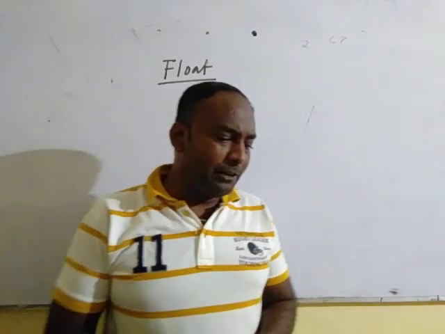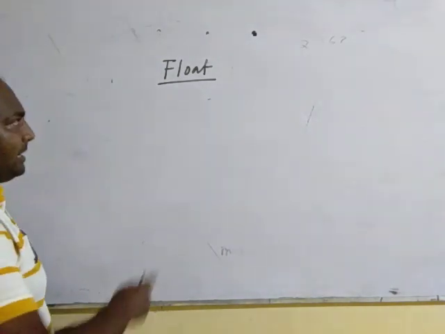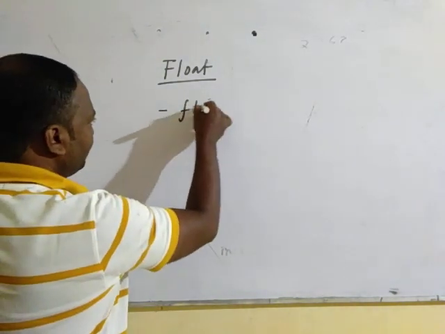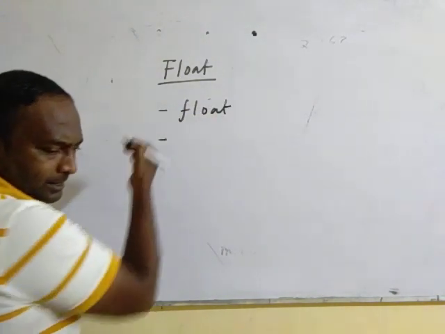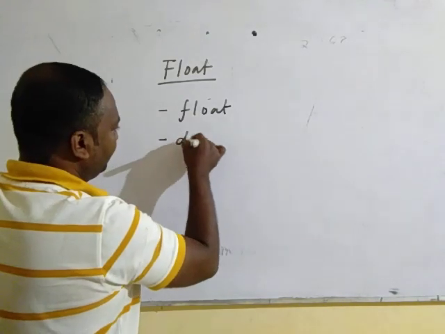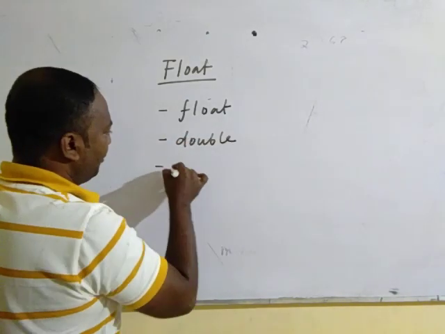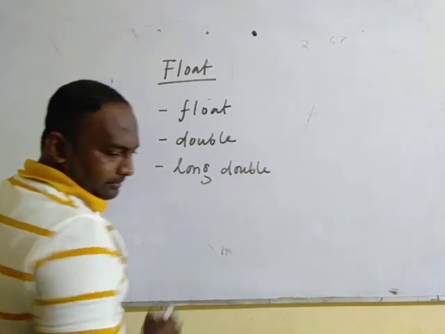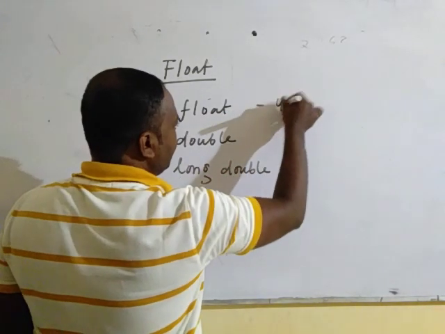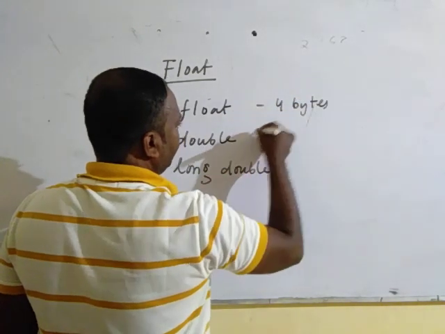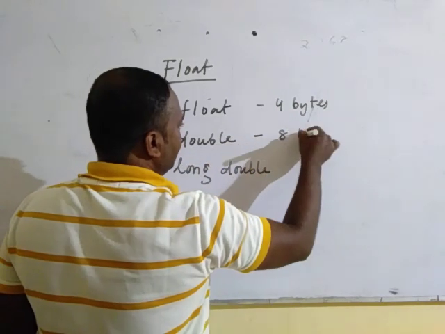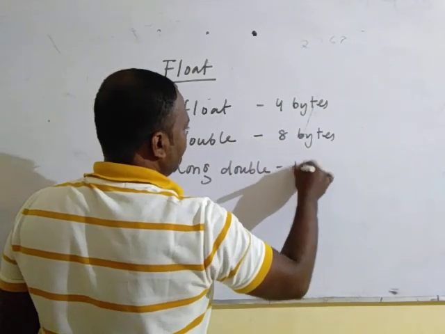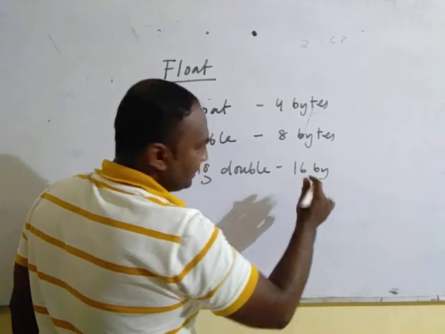So floating point values are also three types, that is float, double and long double. It is of 4 bytes, it is of 8 bytes, it is 10 bytes.